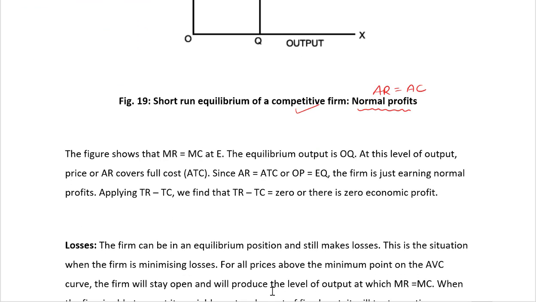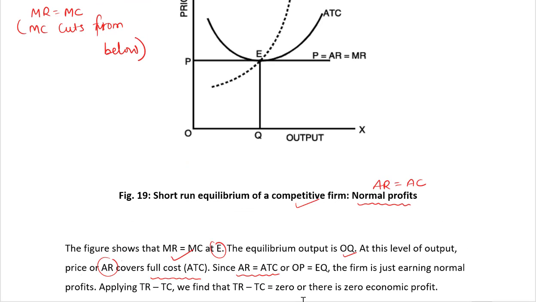So in this figure, MR equal to MC is at point E. The equilibrium output is OP. At this level of output, we can say that the average revenue or price covers the full cost, that is average total cost. Since average revenue equal to average total cost, we can say that OP equal to EQ.